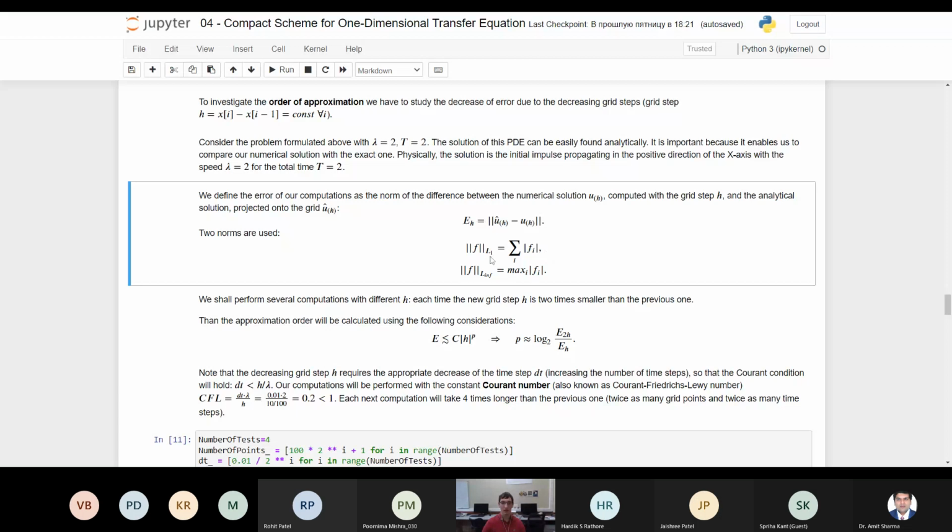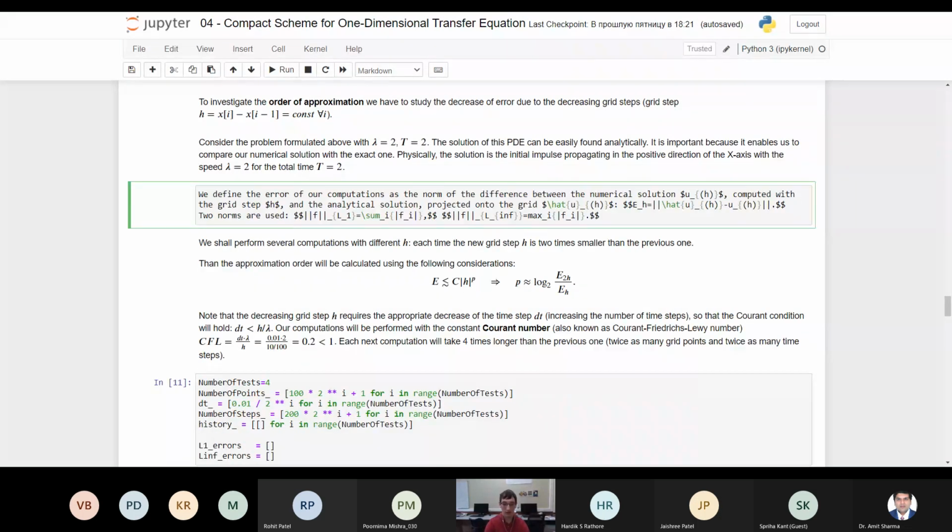So the L1 norm, which is a sum of absolute values, actually multiplied by h. Okay. Maybe later we'll fix it.